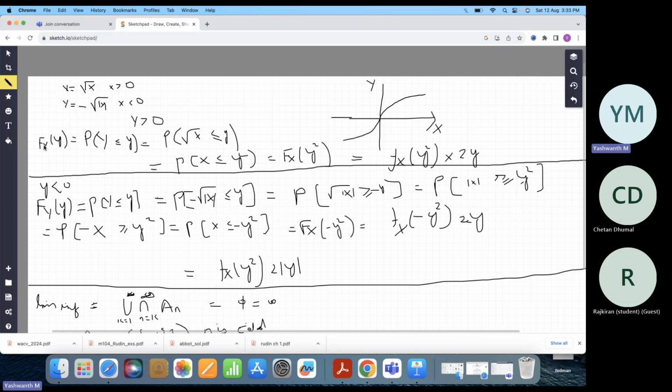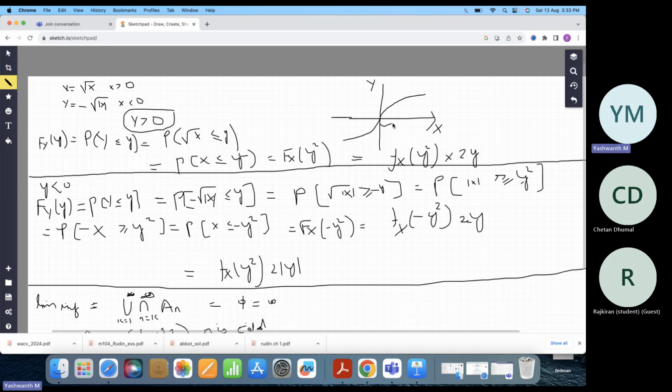So first we find the distribution of y, then we can differentiate and get the density. By definition of distribution, root x is less than or equal to y. We only deal with the case when y is positive, and y positive will only come when x is positive.